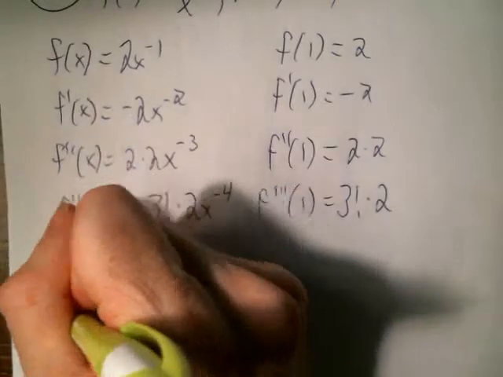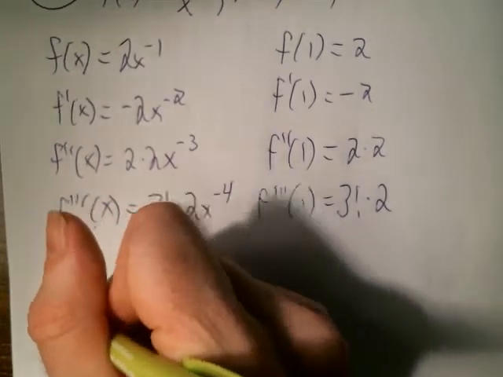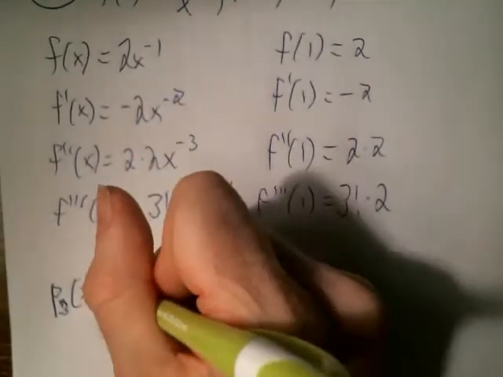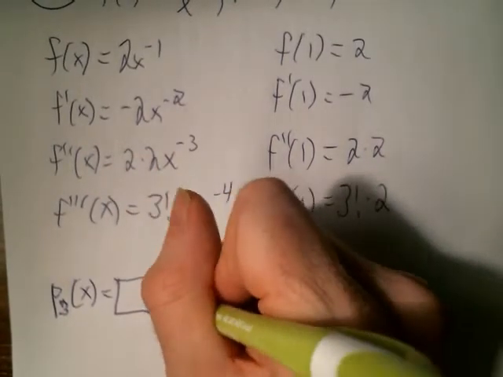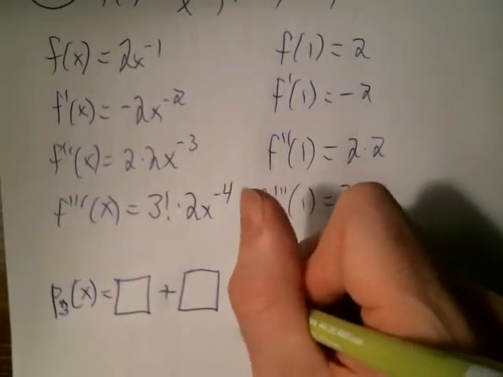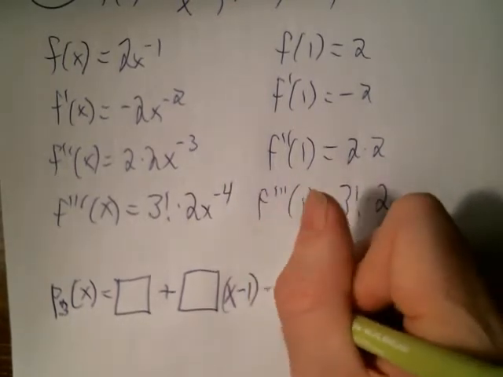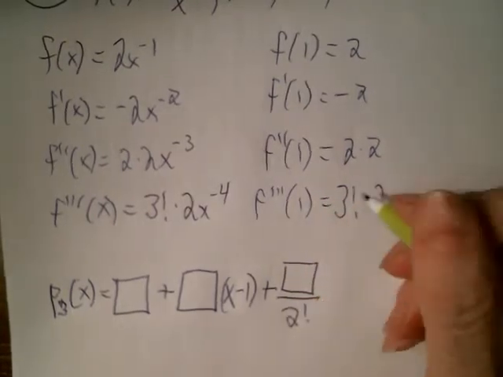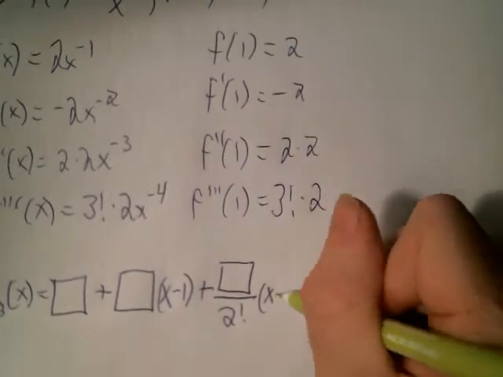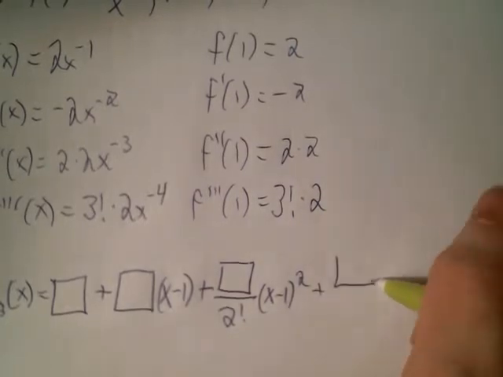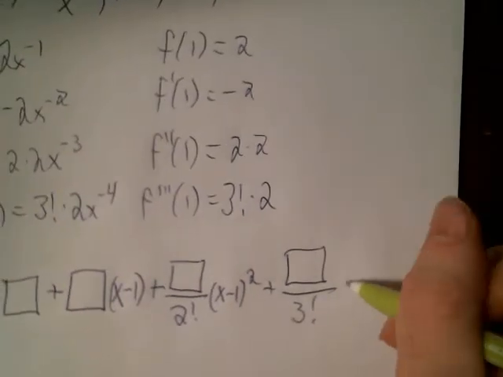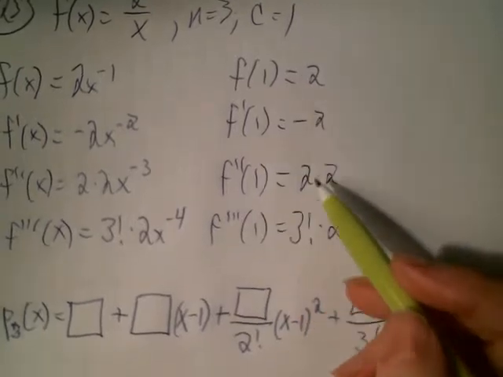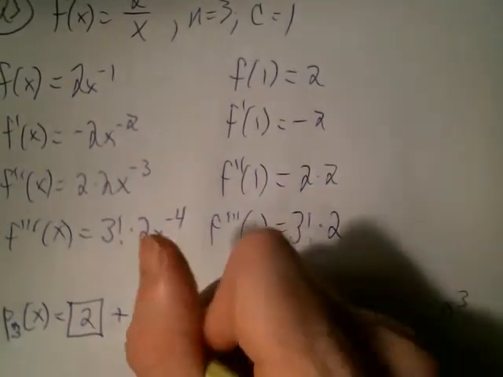Then go to your Taylor polynomial. I'm going to call it P sub 3 of x. And this time we're plugging in our boxes. It will look like this. Just jump in your coefficients.